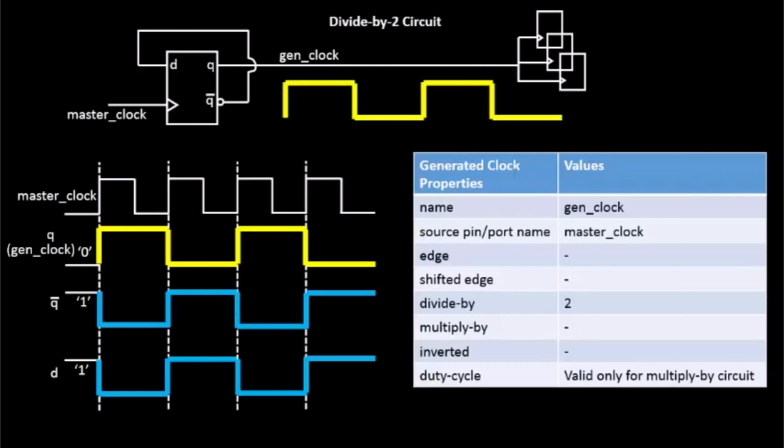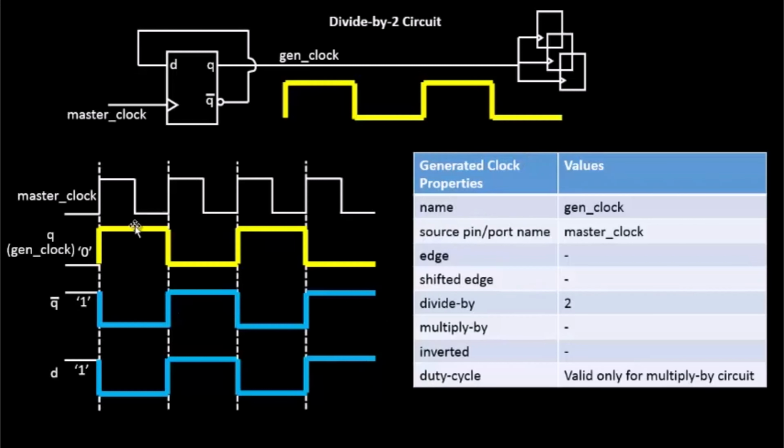So this basically represents your generated clock. Whenever we are asked about deriving a constraint for a generated clock, this is the table that you need to fill. Once you fill up this table, the constraint for the generated clock will automatically get derived. So this is the basic table for it.